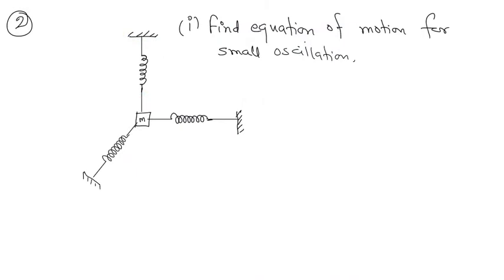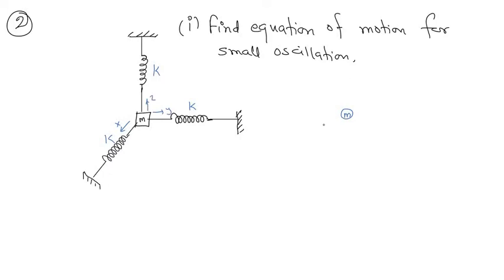So this is your second question, where we have to find the equation of motion for this small oscillation, provided that the spring constant of each spring is k. So to solve this problem, let us assume the free body diagram, with the particle here, and we say that this direction is your x, this is your y, and this is your z direction, or whatever convention you want to choose.